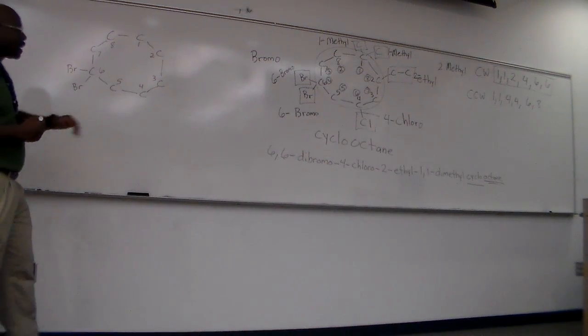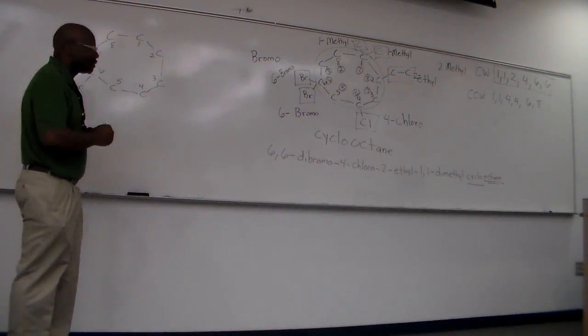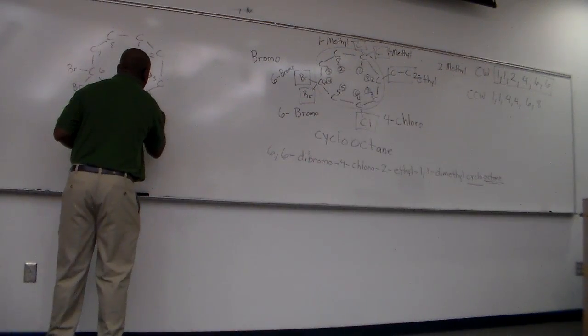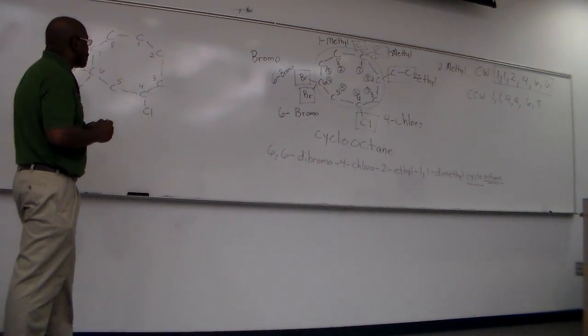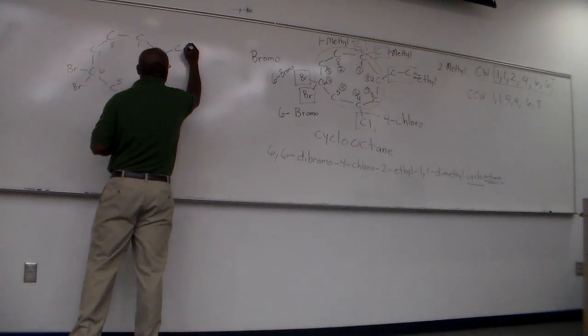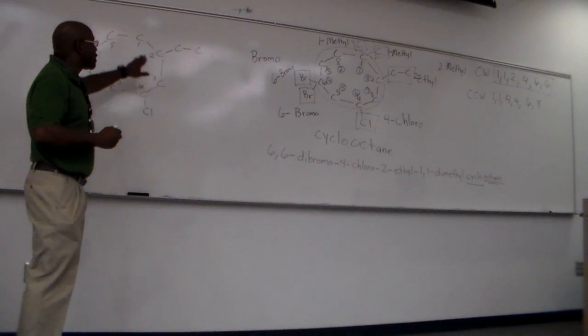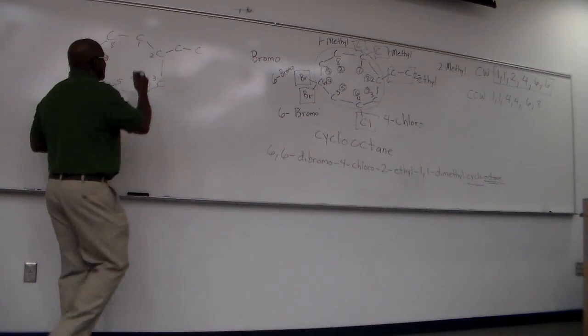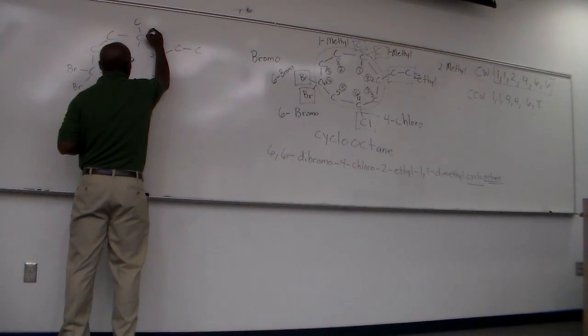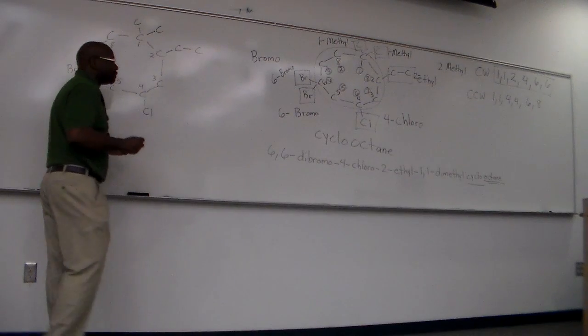Carbon number 4, I have a chlorine, chloro. Carbon number 2, I have an ethyl. And on carbon number 1, which I already defined, I have a methyl. And also on carbon number 1, I have a methyl.